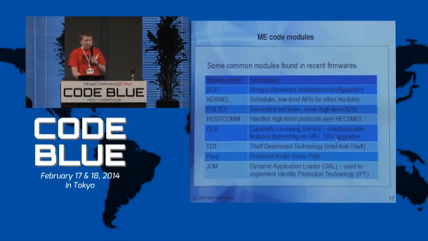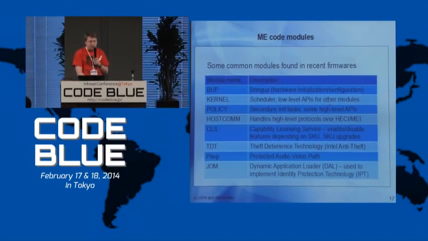For example, the BUP apparently means bring up, which does various initial hardware initialization and configuration. Then there is the kernel module, which implements the scheduler that schedules all other tasks, and it provides various low-level APIs for other modules.